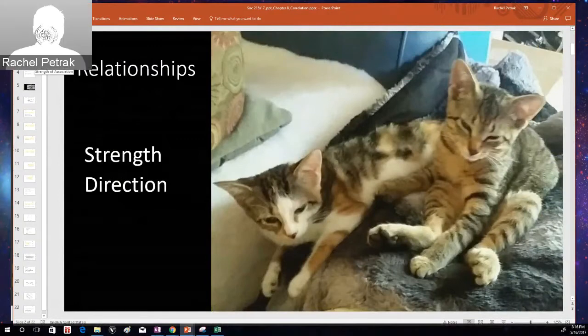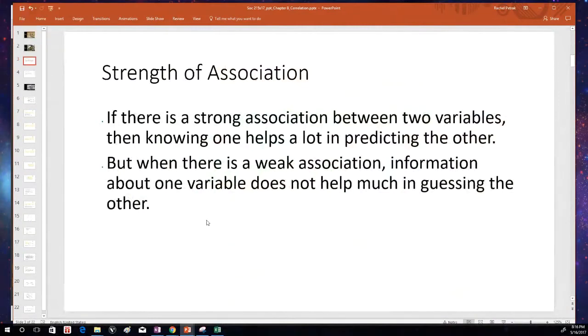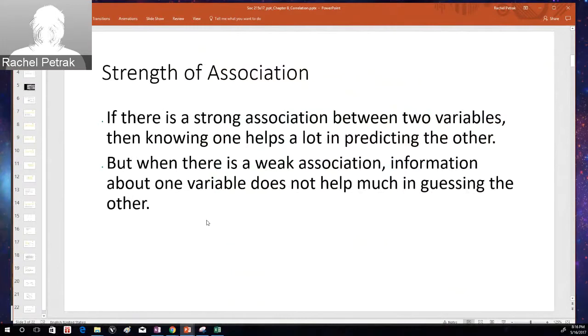In correlation, the two main features of the relationship are the strength and the direction. The strength of the association is generally associated with the correlation coefficient itself.